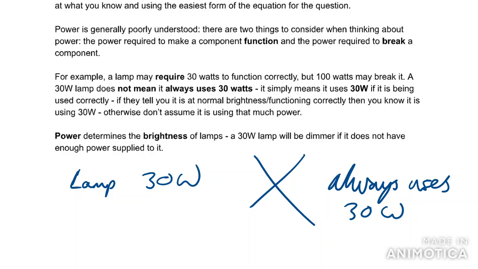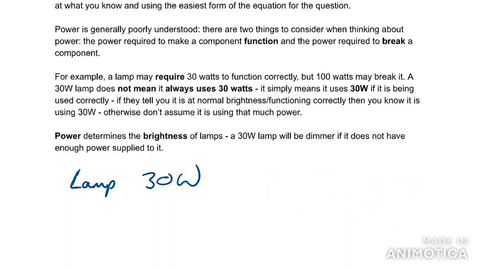What a 30-watt lamp means is that if it's being used correctly, it's using 30 watts. So if they tell you in a question that the lamp is at normal brightness, you know that it's got 30 watts going through. Otherwise, you can't assume it's using 30 watts. All 30 watts tells us is how much it's supposed to be using to work properly.